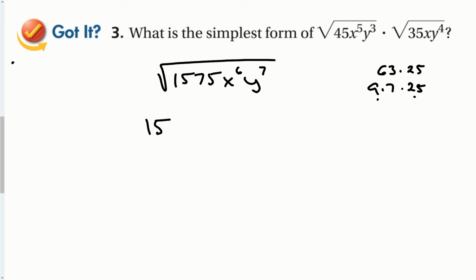X to the 6th comes out as x to the 3rd, and y to the 7th, we break that into y to the 6th and y. Y to the 6th comes out as y to the 3rd, and we're left with no x's, 7y. Okay, let's look at my even, odd.